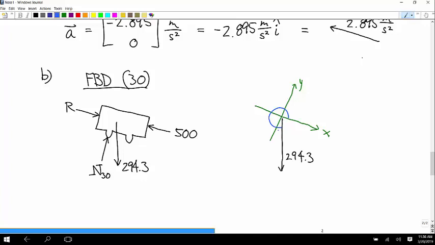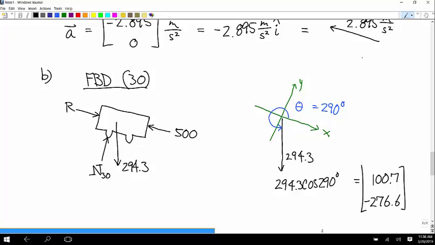The angle we want to use here, theta, is equal to 290. So someone punch in for me 294.3 times cosine and sine of 290. Minus 276. Okay.